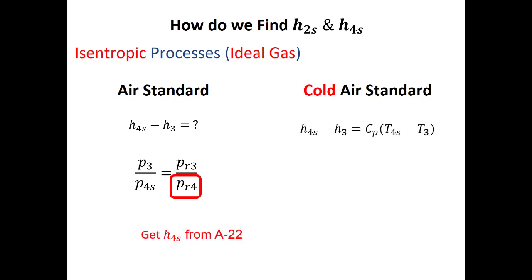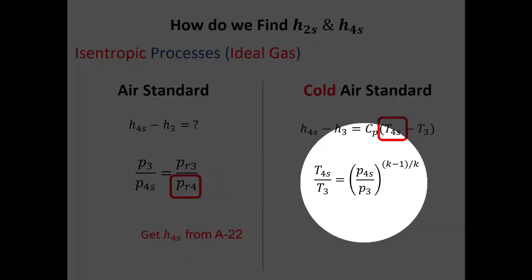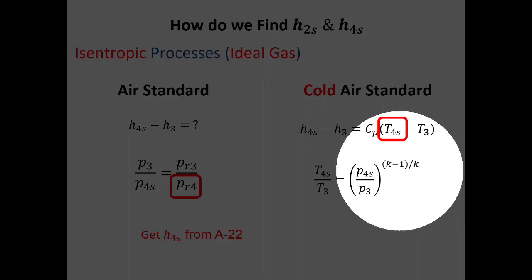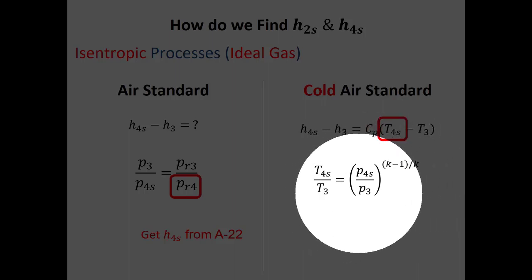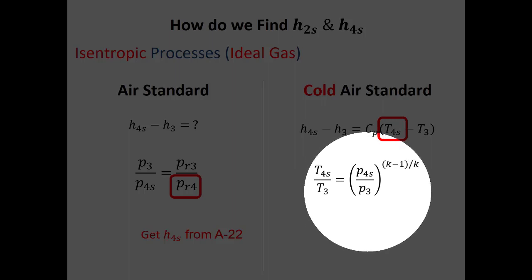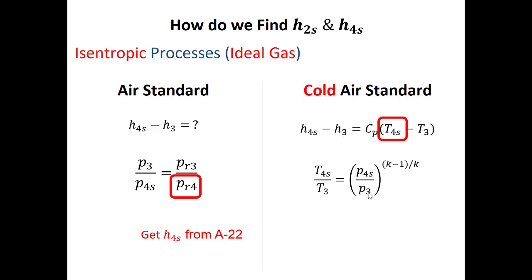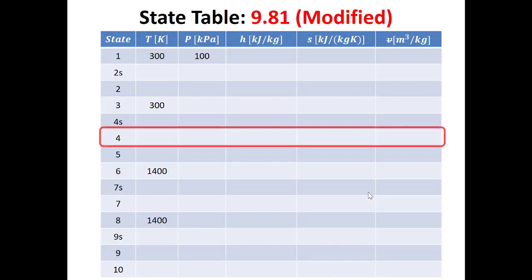For a cold air standard, again, I'm going to use Cp delta T, but I don't know T4s. To get T4s, I'm going to look for an expression that has a pressure ratio in it and has K in the exponent. So I'll use this equation. At this point, I know T3, and I know the compressor pressure ratio across this second compressor, and I know K. So I can find T4s.